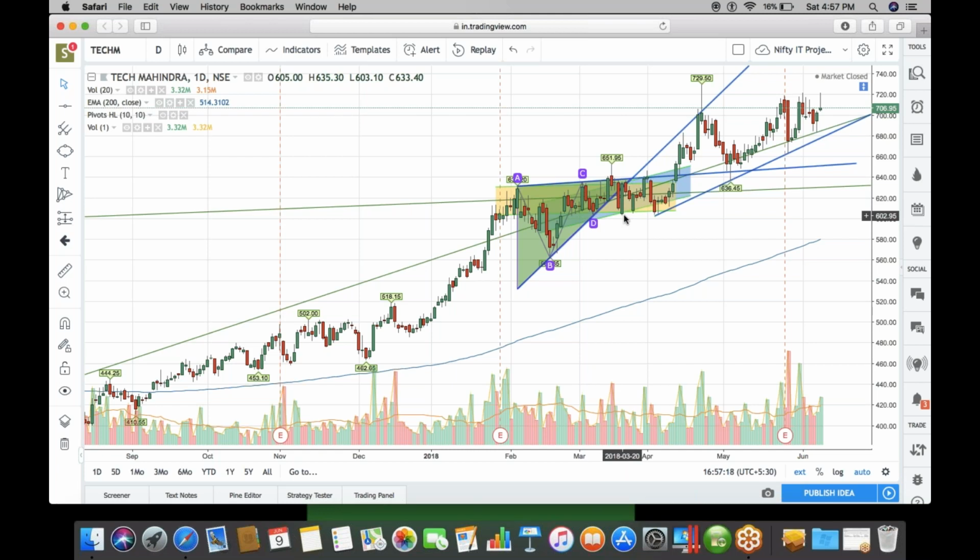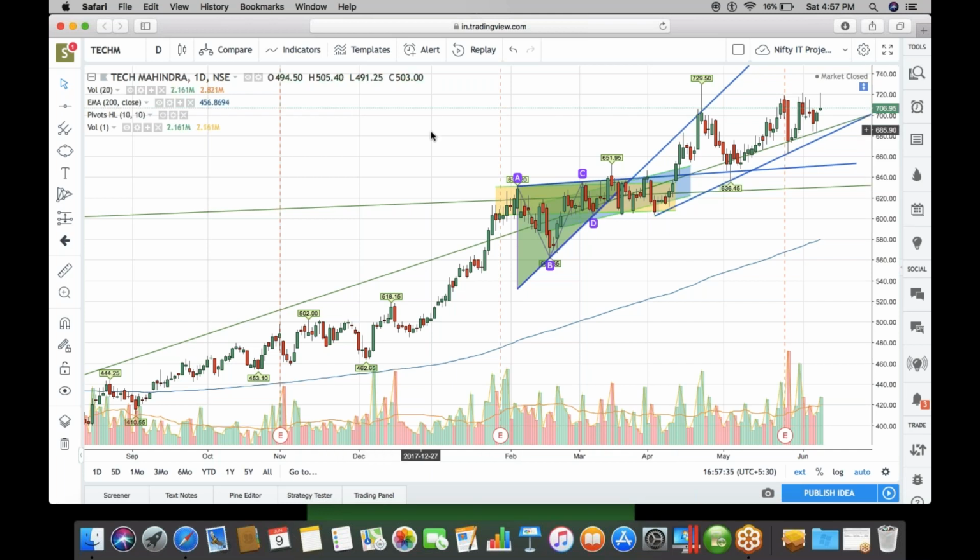I repeat, please follow the prior trend. If prior trend is upside and there is an upside breakout, trade it. If the prior trend is upside and there's a downside breakout, do not trade it.